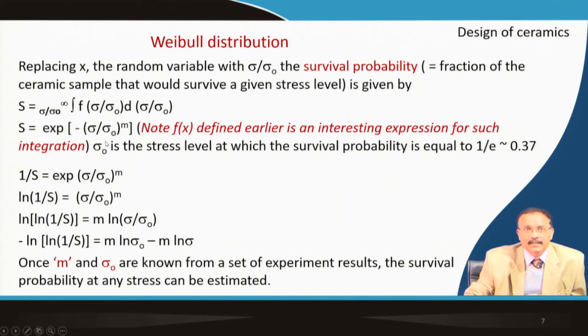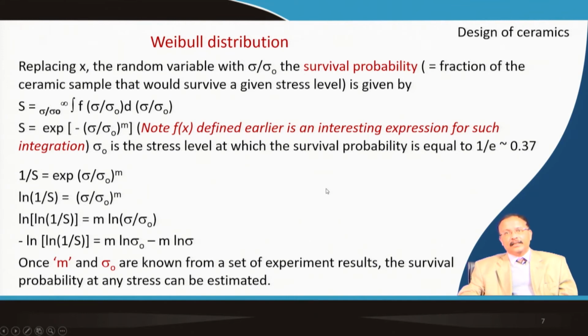Now, you can define sigma 0. So, if sigma is equal to sigma 0, then this probability is 1 by e, that is roughly 37%. So, sigma 0 is the stress level where about 37% of the samples you are testing will survive.